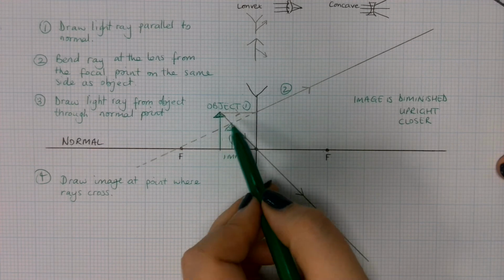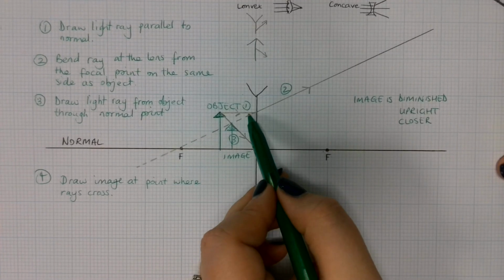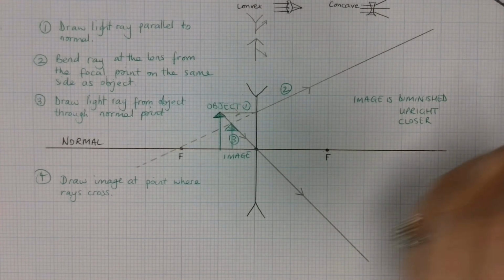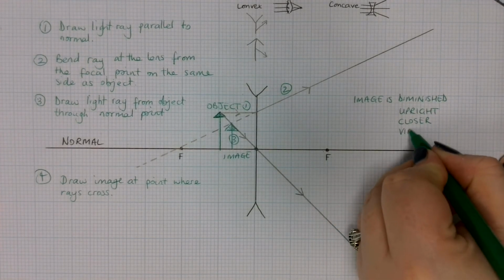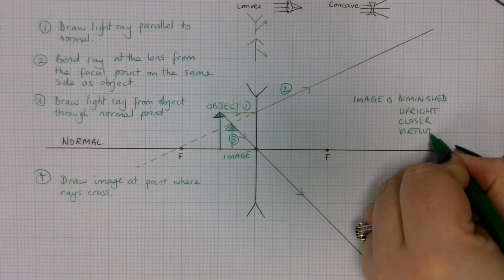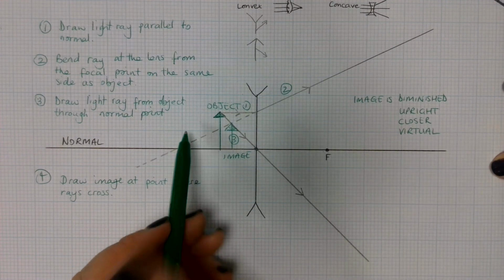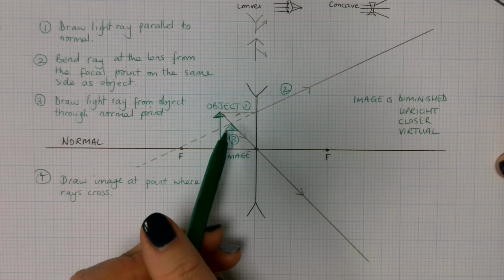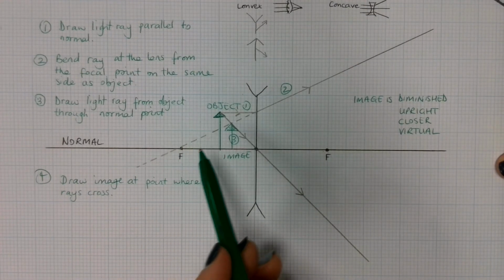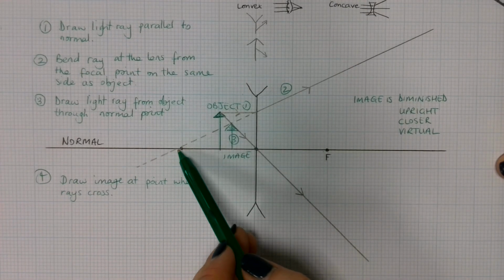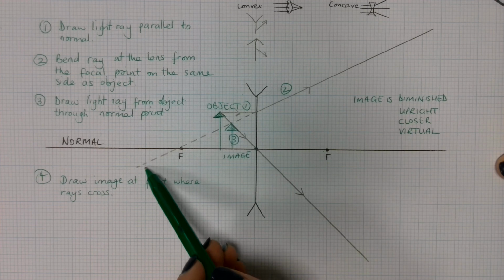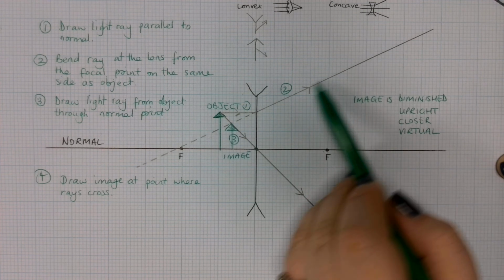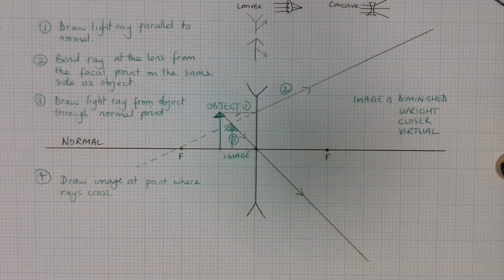Okay, so dotted lines are virtual. It has at least one dotted line. So is that virtual or real? It's virtual. And a reminder of what I mean by virtual is it's not produced by the actual light ray, okay? So this dotted line is virtual, as in that's where it would go, because we've just extended our line, but actually the solid lines are the direction of the rays.